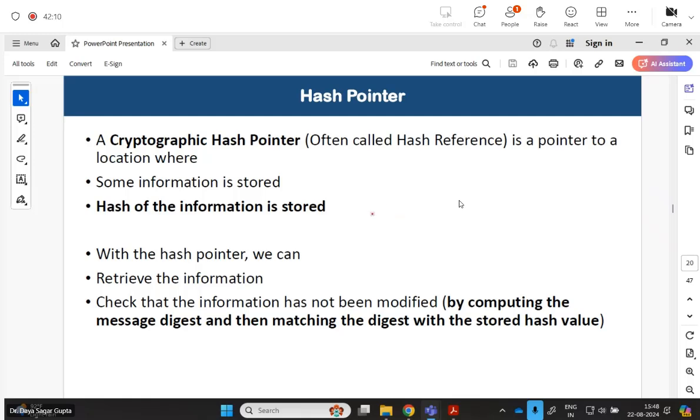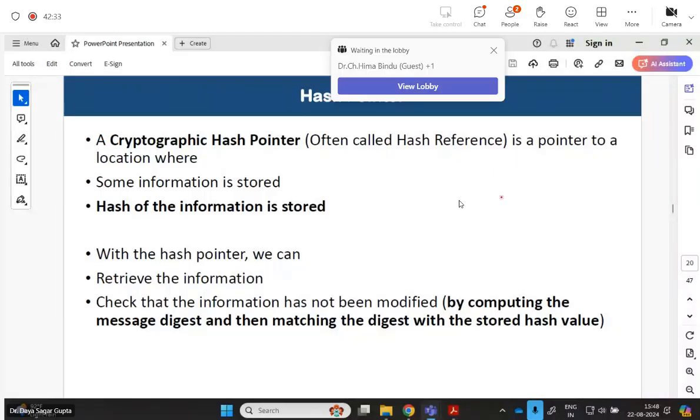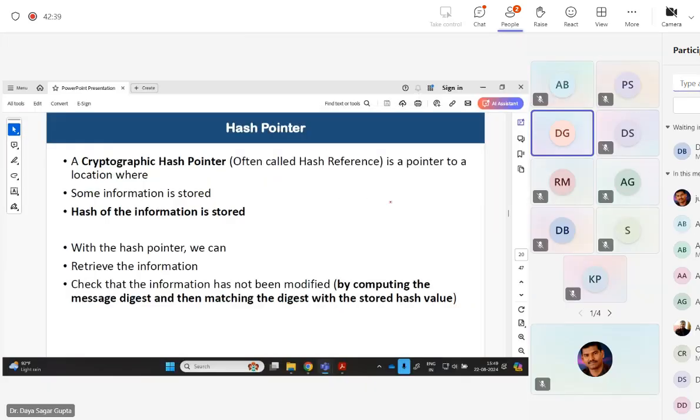If I change this message, it must appear here as well, because it's a hash pointer. If I change this message, what is the problem here? The link will be broken. Why? Because in the next block, I have stored HM, not HM dash.